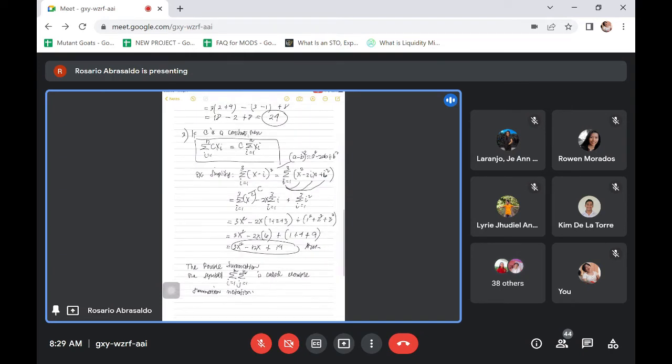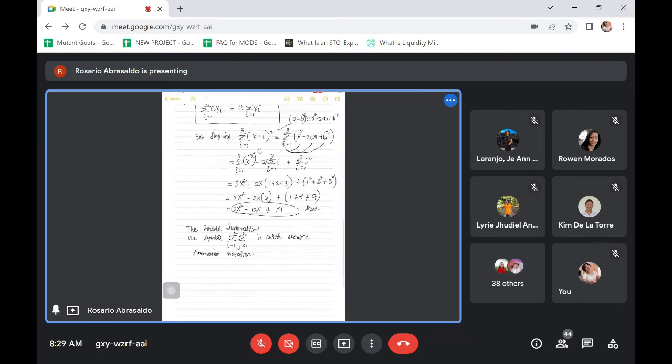Okay, class, an example. I'm going to illustrate. So you have the double summation of x sub ij, where i is from 1 to 3 and j is from 2 to 4.